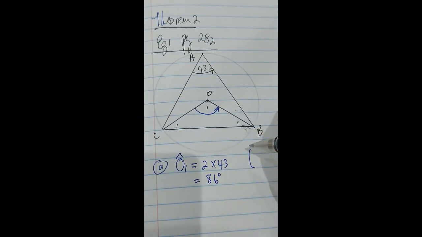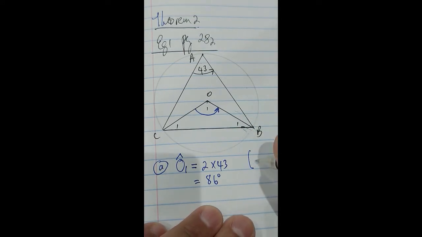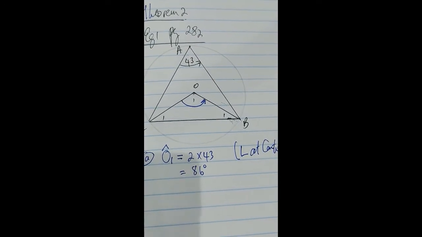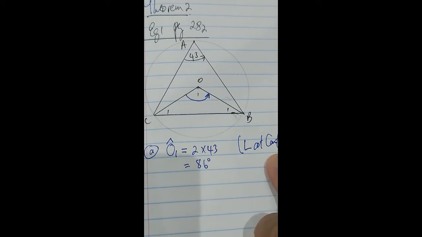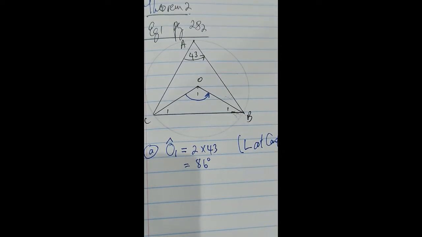And as we said, for every statement you must have a reason. So you say angle at center, and that is sufficient. Okay, with saying that, you'll get your full mark for it. Okay, angle at center. If you want to say the full theorem, it's fine. Angle at center is twice angle at circumference.